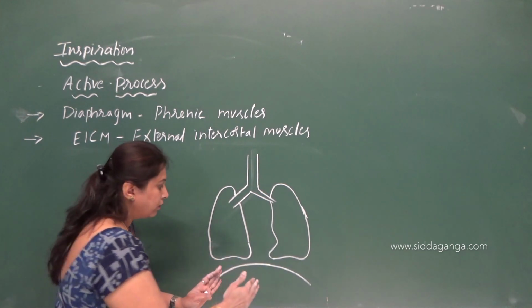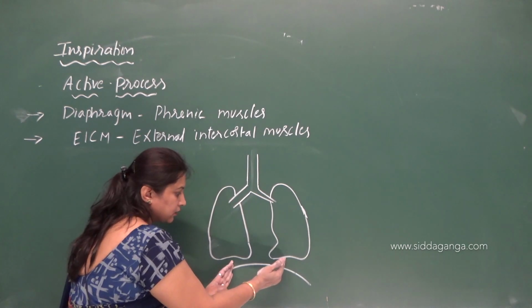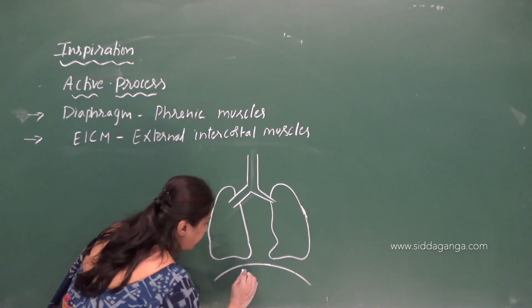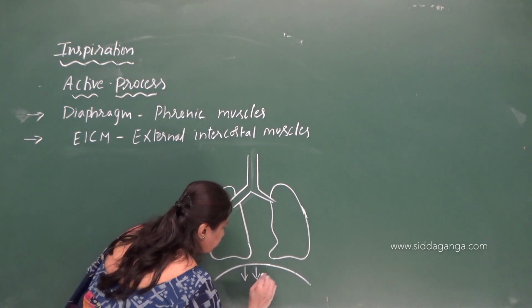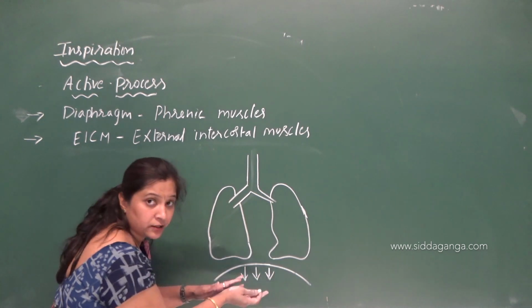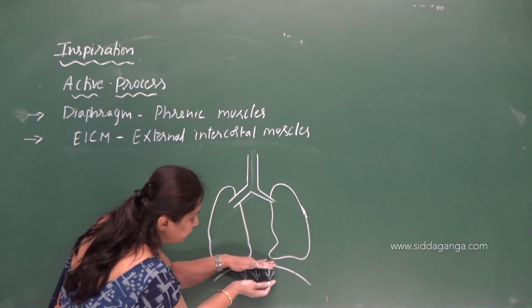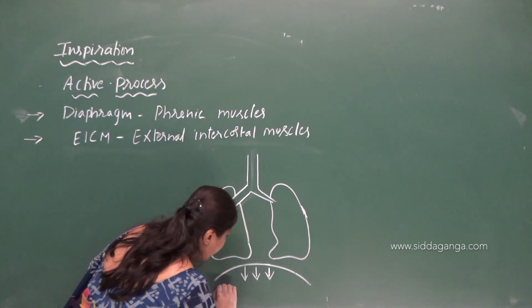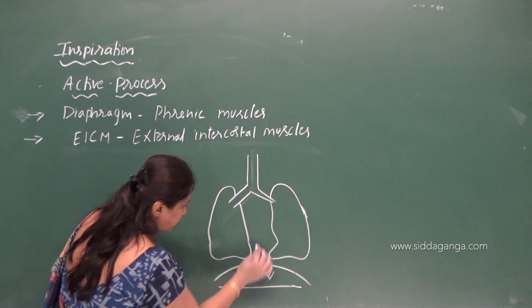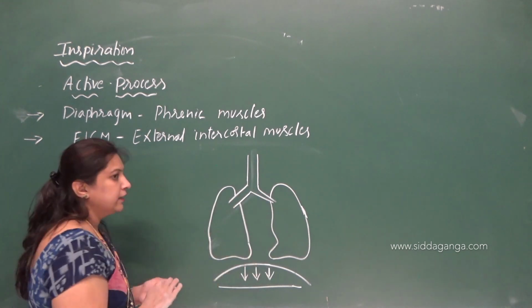When the phrenic muscles contract, the dome-shaped diaphragm becomes flat. This increases the volume of the thoracic cavity.